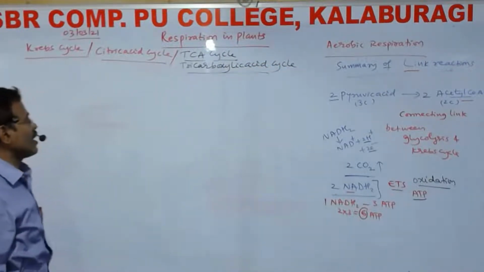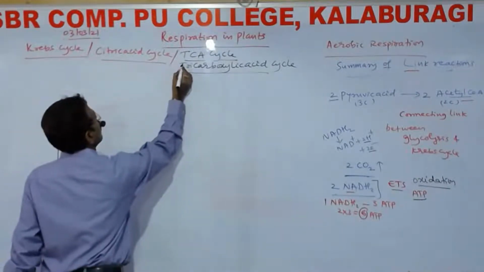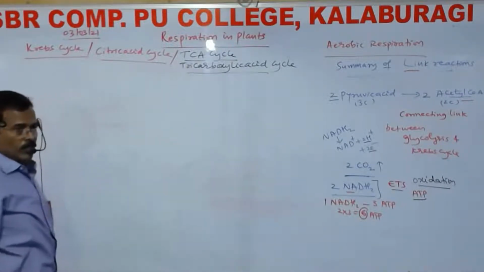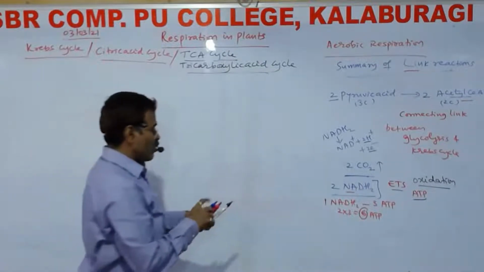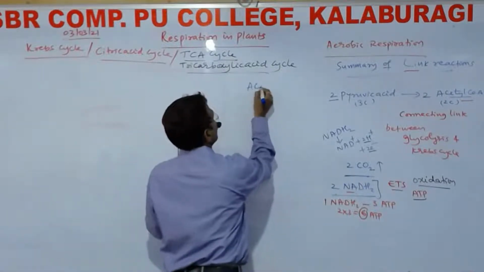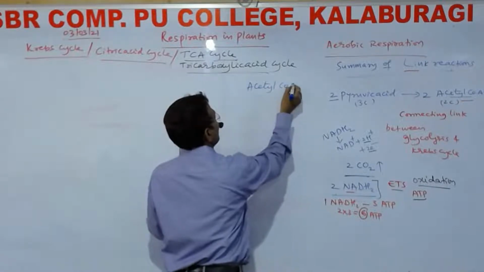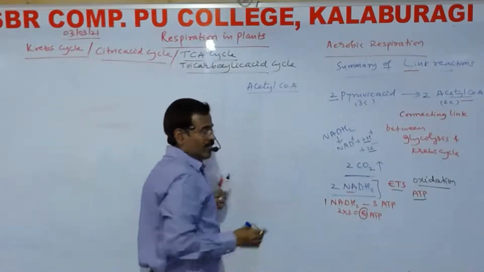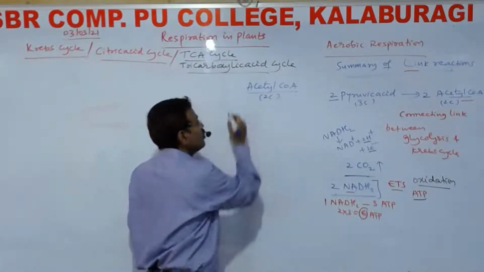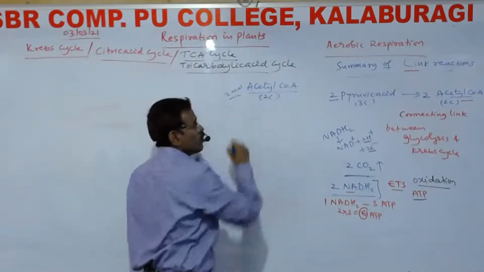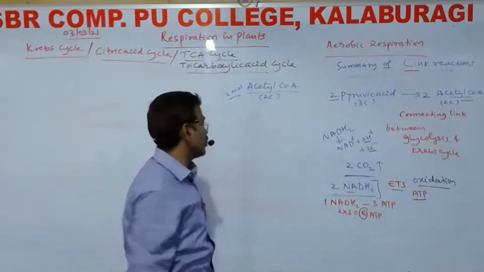TCA stands for tricarboxylic acid cycle. See, the acetyl coenzyme, which is formed after the link reaction, is a 2 carbon compound. How many molecules will be produced? 2 molecules will be produced at the end of the link reaction.